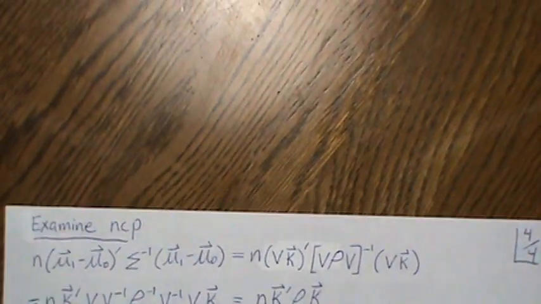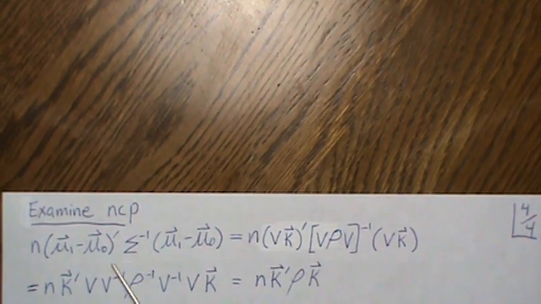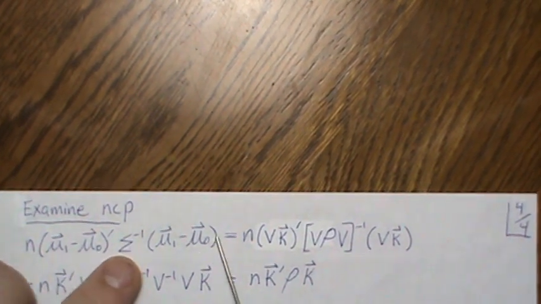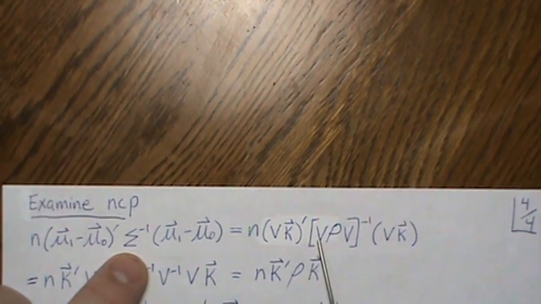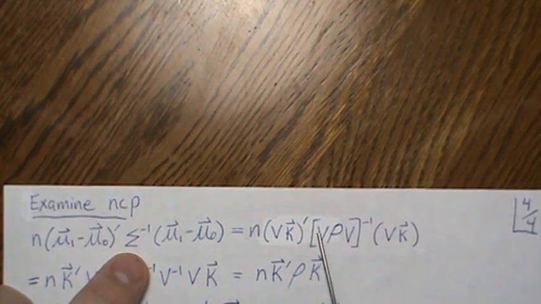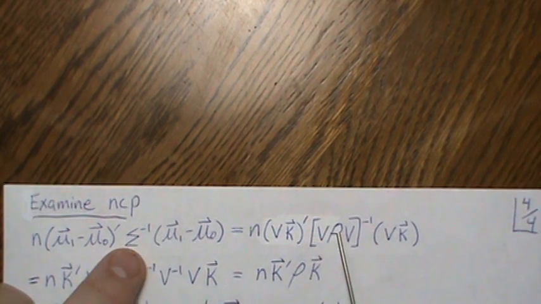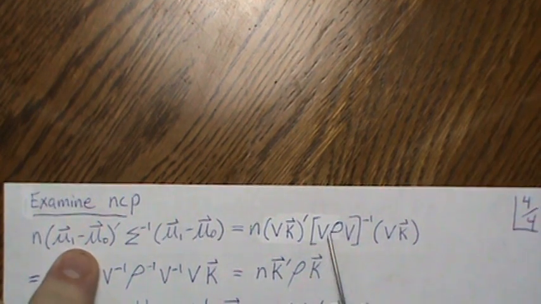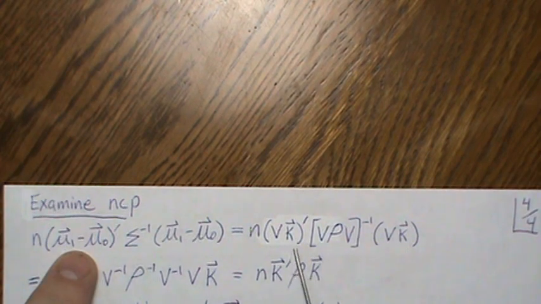Now, let's examine the noncentrality parameter a little deeper. This is the noncentrality parameter from the previous page. But any covariance matrix can be broken down into V rho V, where rho is the correlation matrix, and V, remember, was the diagonal matrix of the standard deviations. Multiplied together, you get the covariance matrix back. And we're thinking about the shift in the means as multiples of the standard deviations, so we can put that in there.